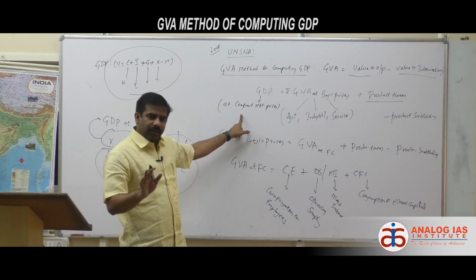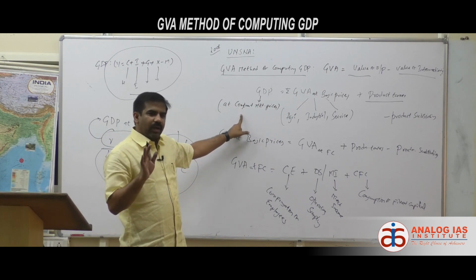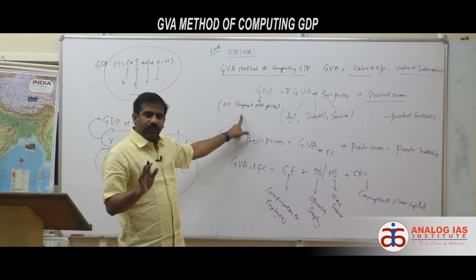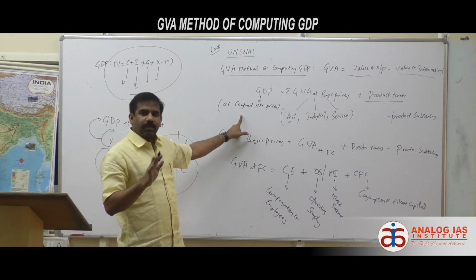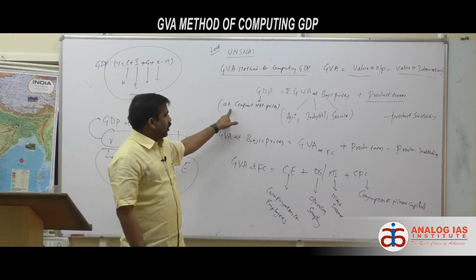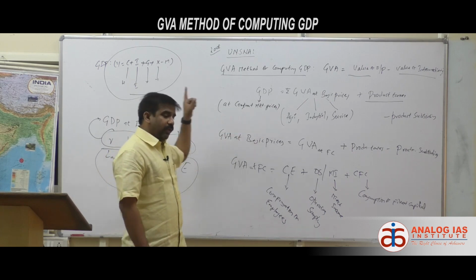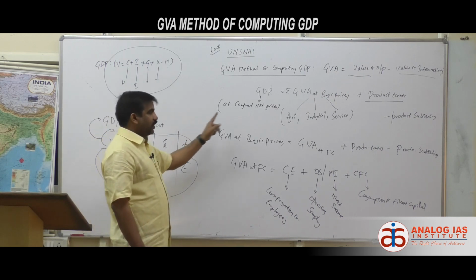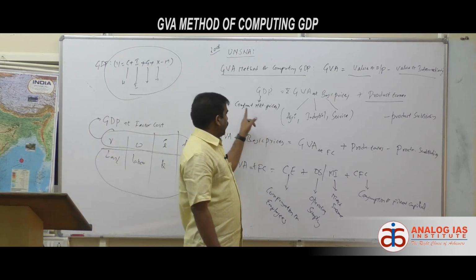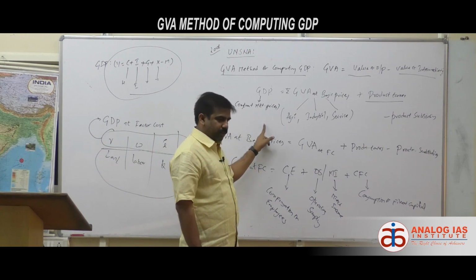What is constant market prices? I will explain, don't worry. Since the beginning of 2015, when India adopted this method, we compute GDP at constant market prices. Previously we used to compute GDP at factor cost. Now the change from 2015 is we compute GDP at constant market prices.